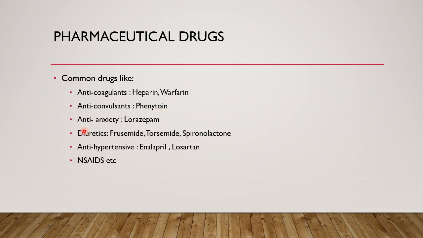Anticonvulsants like phenytoin, anti-anxiety like lorazepam, diuretics like furosemide, torsemide, spironolactone, antihypertensive drugs like enalapril, losartan, and similarly NSAIDs. You need to know about such common types of drugs. There are other drugs also, but in this slide I've included only a few types of drugs.